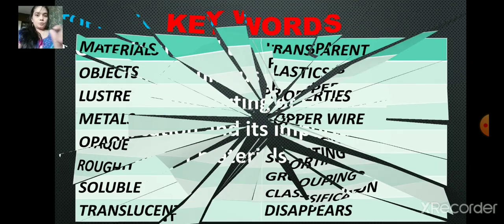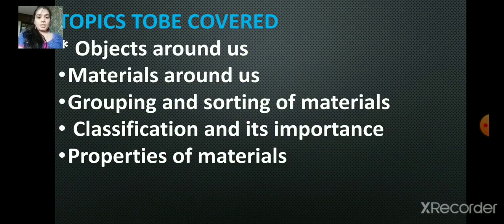Now let's move on to our next line. In this lesson, the topics that we are going to cover are: the objects around us, the different types of materials around us, grouping and sorting of materials, classification and its importance, and the last one is properties of materials.